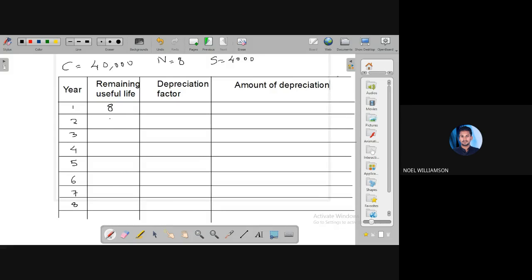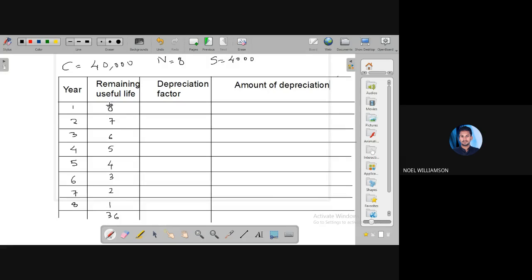For the second year, it will be 7 and so on, down to 1. So for the total value, you can add these values, 1 plus 2 plus 3 plus 4 plus 5 plus 6 plus 7 plus 8, and the value is 36.